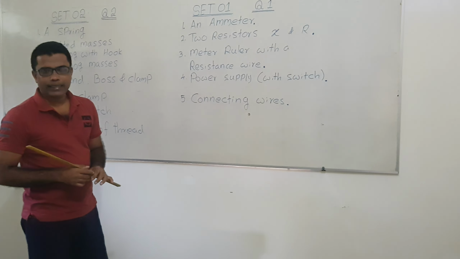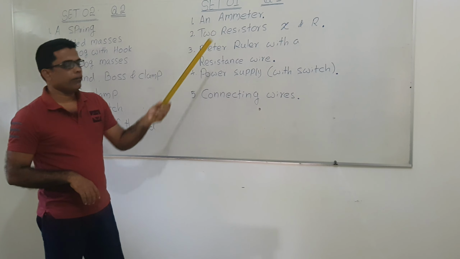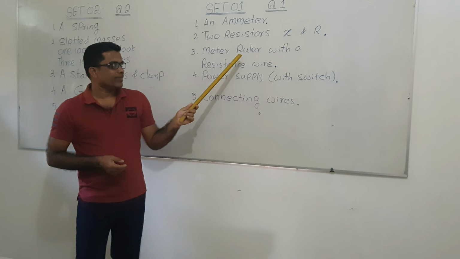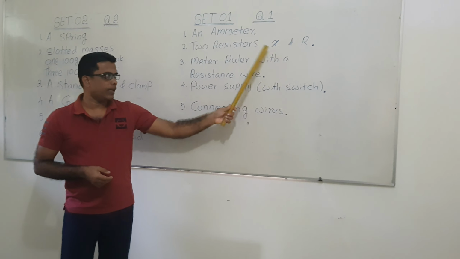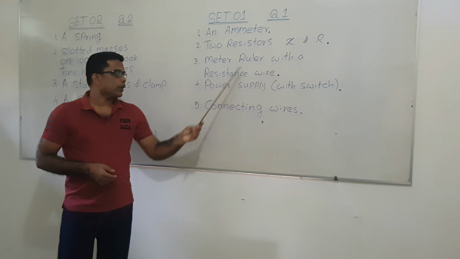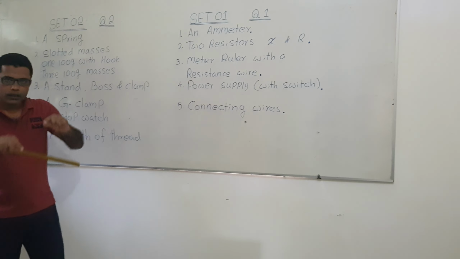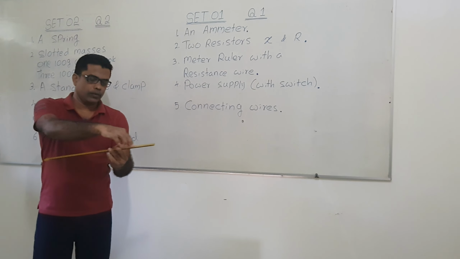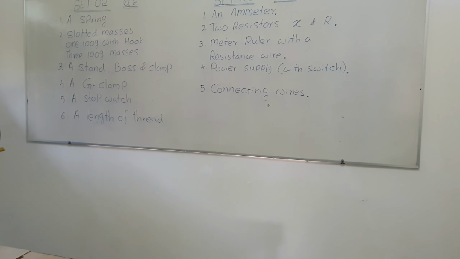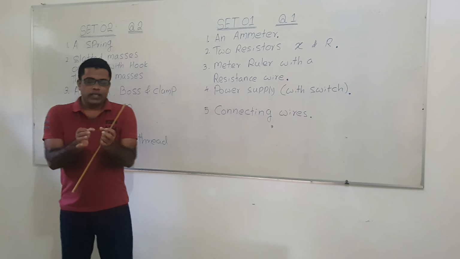The teacher will explain everything and ask you to check if you have these things on the table: an ammeter, 2 resistors labeled X and R, a meter ruler with a resistance wire connected to it. The potentiometer arrangement with the wire connected will be on the table, so do not worry, just check whether it is present.